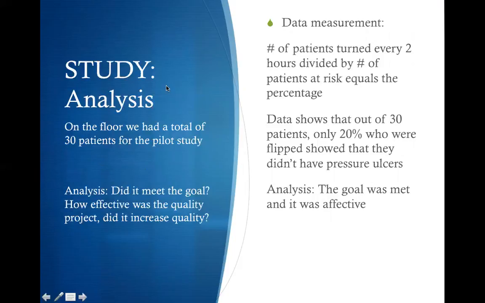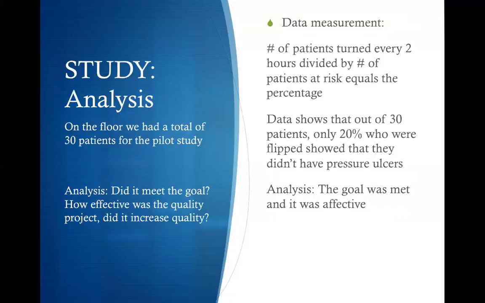So the analysis, or study, part of this plan is that on the floor we have a total of 30 patients for the pilot study. The data measurement is the number of patients turned every 2 hours divided by the number of patients at risk, which equals the percentage.